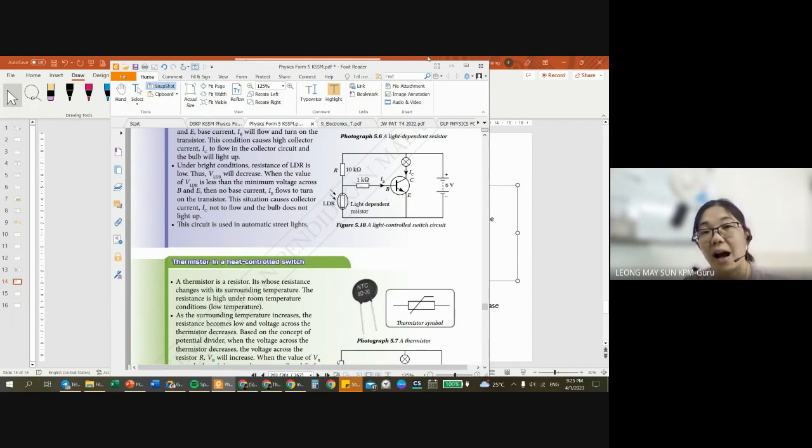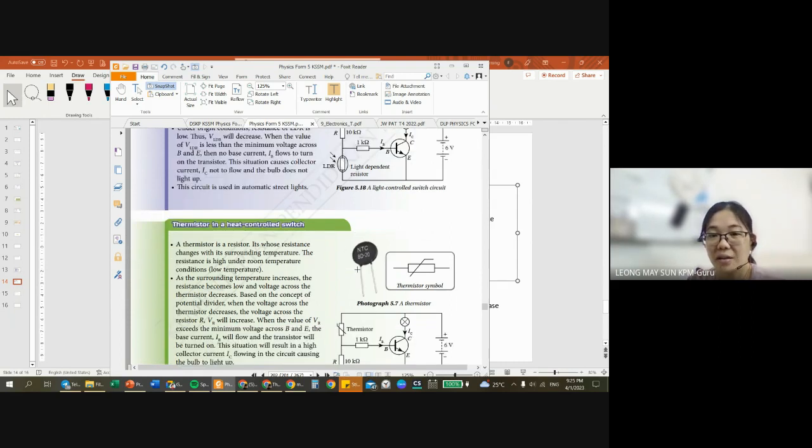Okay, night high, day low. Thermistor, it's a heat dependent resistor. So low temperature, high resistance. High temperature, low resistance. Okay, the concept is still the same.